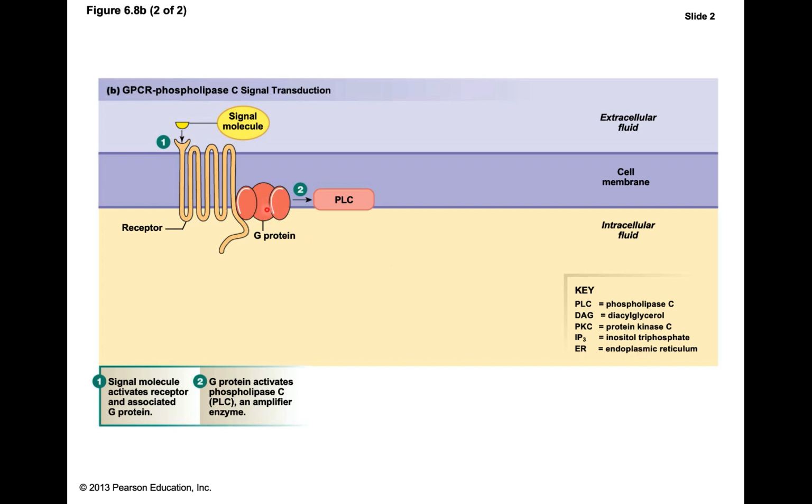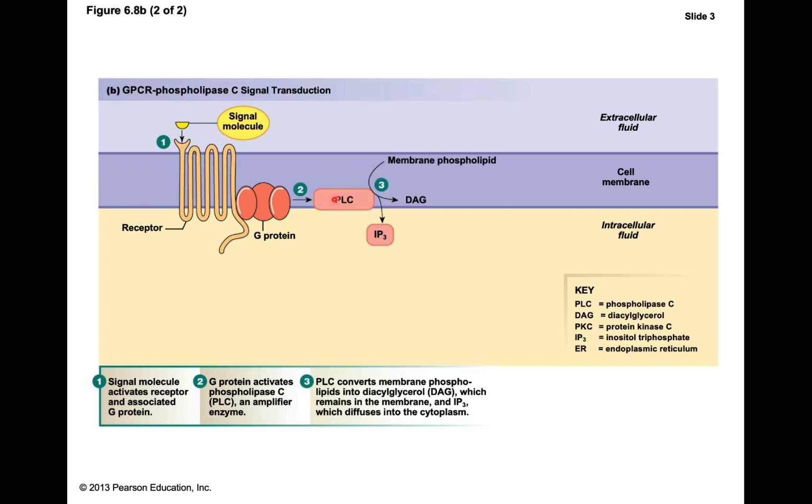So once G protein activates phospholipase C, this membrane enzyme is going to take the membrane phospholipids and break them down into IP3 and DAG. Now, where a lot of students get confused is, hey, where did this come from?